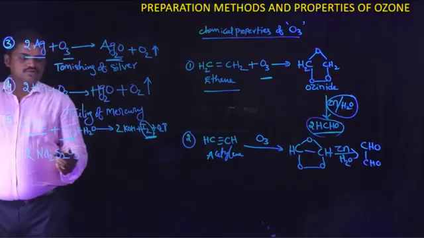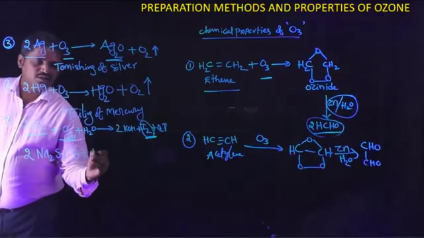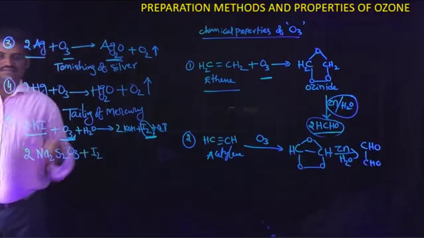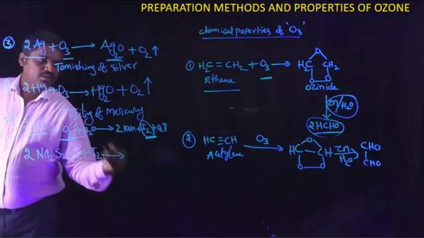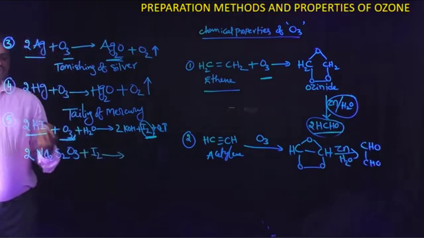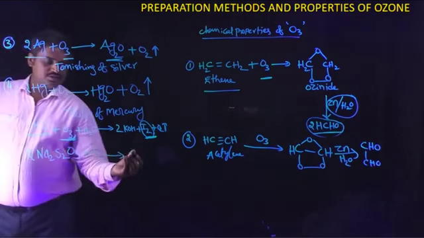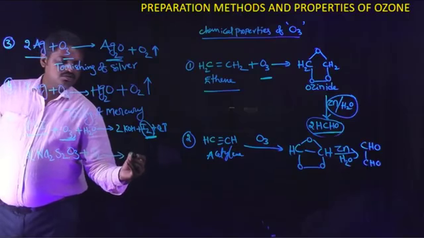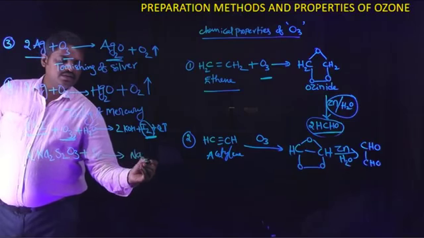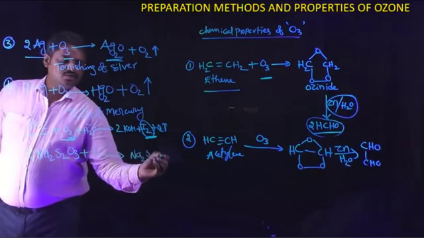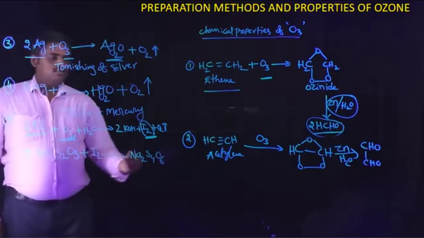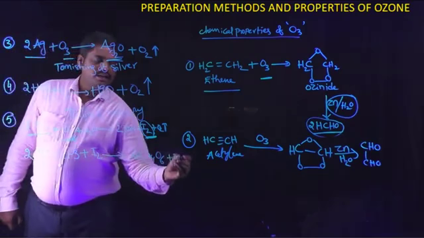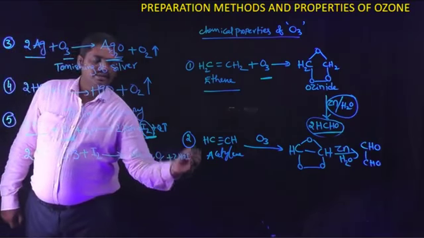Hypo solution reacts with iodine gas. So it is converted to Na2S4O6, and sodium iodide molecules are eliminated.